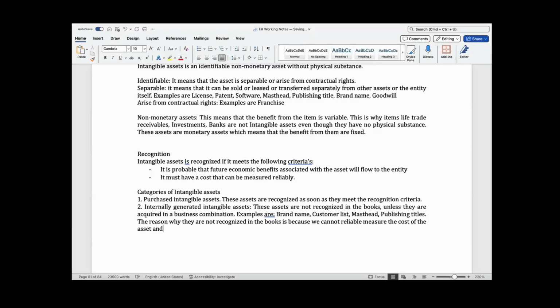Not only that, the future benefits from the assets cannot be measured reliably. So both the costs, we cannot say this is how much we spent. The benefits, we cannot say this is how much we are benefiting from this particular asset.